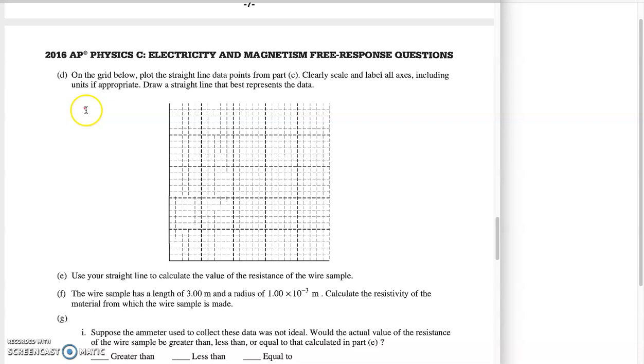We already said that what we want is the voltage drop across the wire sample, and the current through the system, measured in amps. We need to set up our scale such that when we plot our points, it takes up most of the scale.